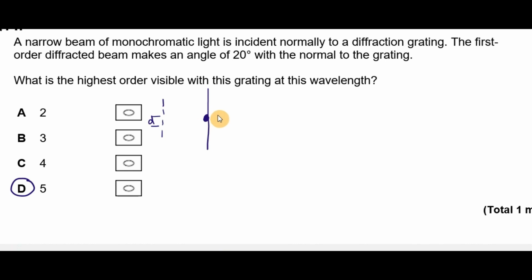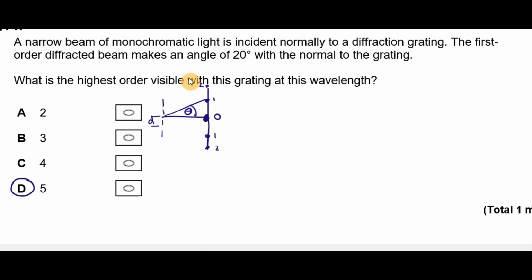One straight through is called the nth order, n0, and we have the first order, n1, n2, etc. And these various orders make an angle theta with the normal line.